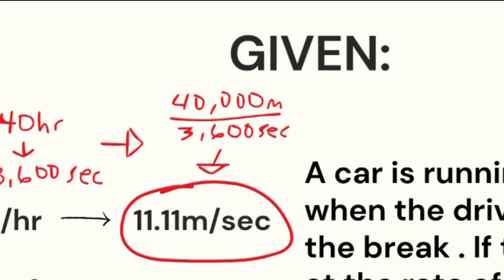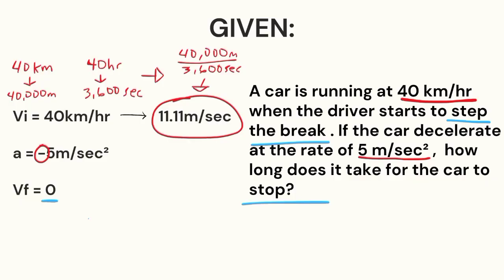After converting, we divide them by each other: 40,000 meters divided by 3,600 seconds is equal to 11.11 meters per second. In addition, I know many of you were asking where the zero in final velocity comes from. Simply, it comes from the word stop, or brakes.